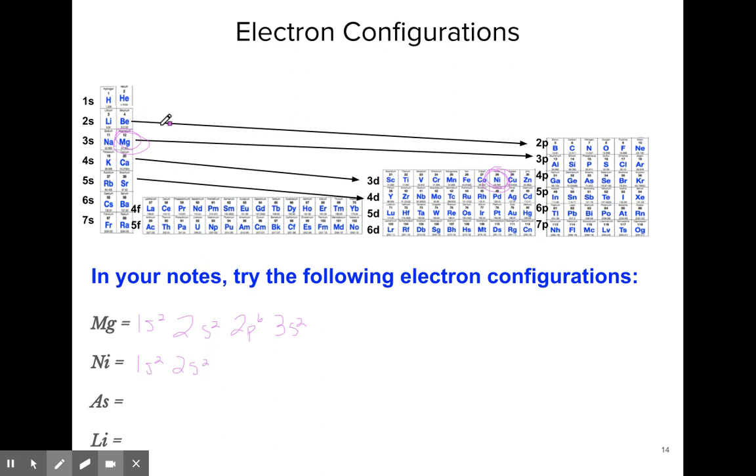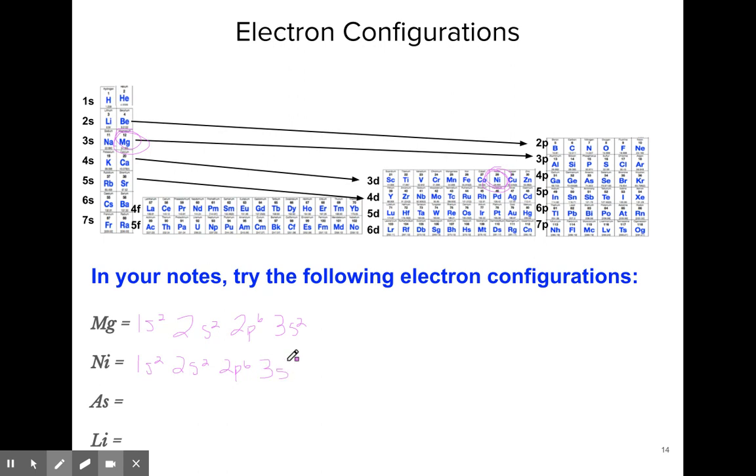And then that gets us to beryllium, so we follow over here to 2p, 1, 2, 3, 4, 5, 6. All right, that gets us to neon. So then we'd come over here to the third energy level, 3s2.